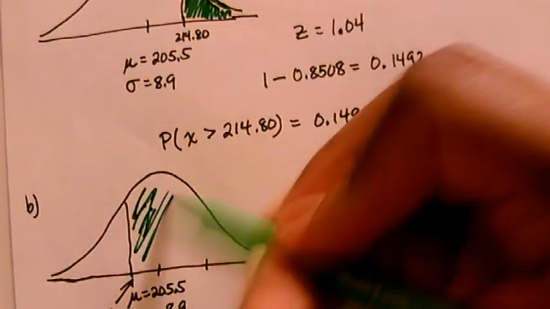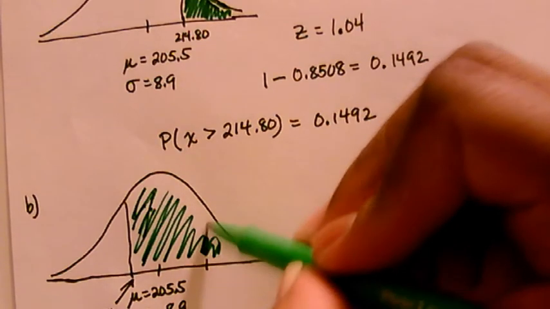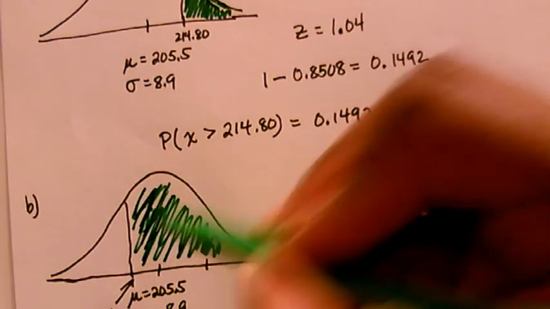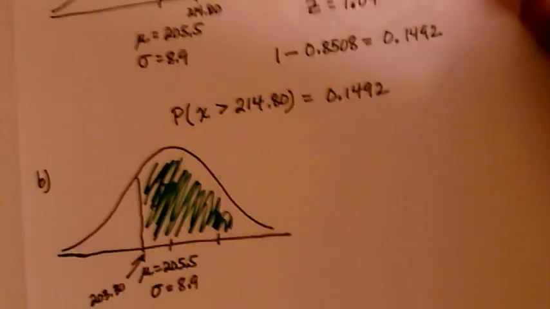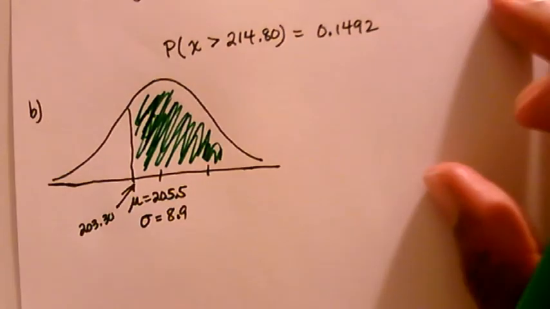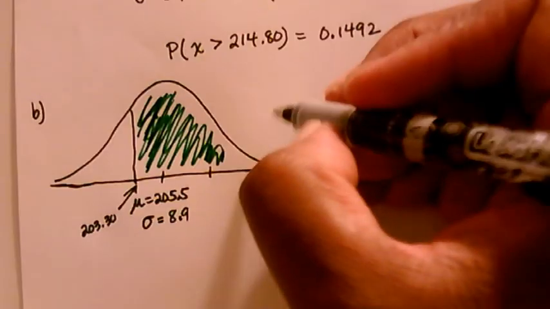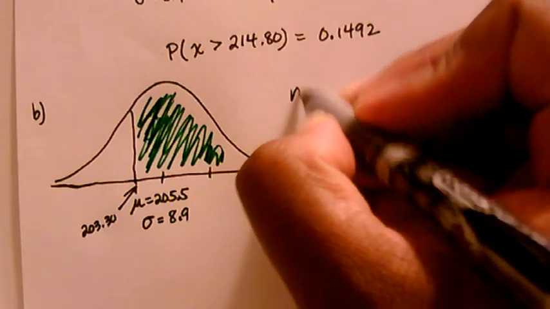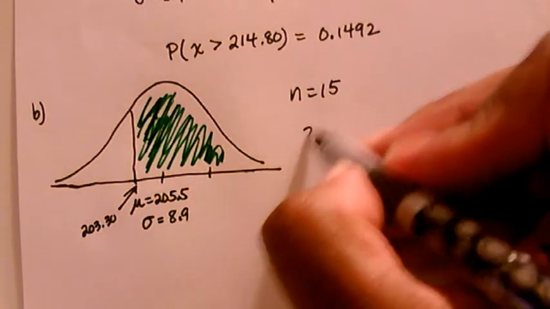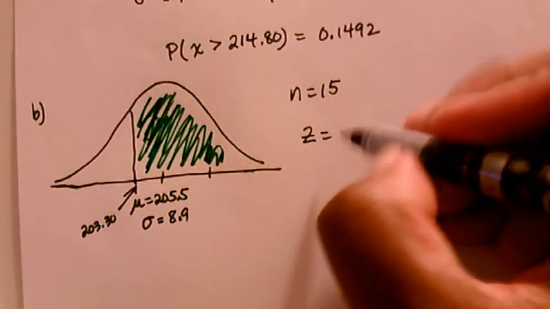So again, we're going to be doing 1 minus the cumulative area from the left to get that cumulative area from the right. And 203.30 is on the left-hand side. So now, with n equaling 15, your z value is going to be this.